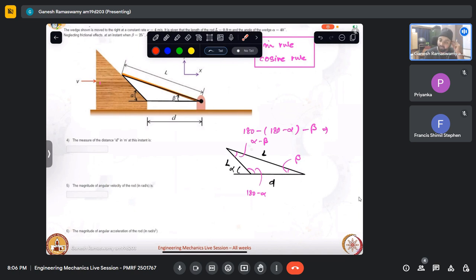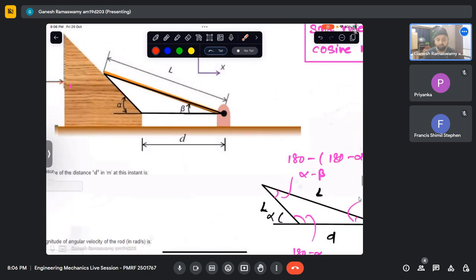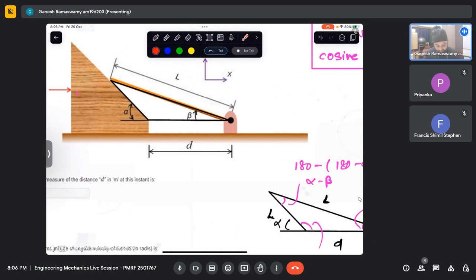One thing to note here, as opposed to our relative motion questions, where we see that if omega is this way, it is positive, if it is this way, it is negative, according to the right-handed coordinate system. In absolute motion analysis, we should not make that analogy.